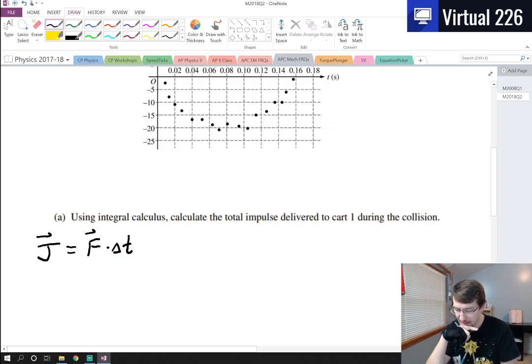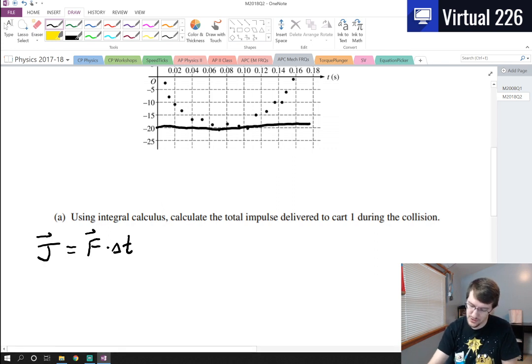Now, force times time works whenever you've got a nice shape, like a square, or a constant force like this. Then we can just say it's this much force and this much time, and that gives us an area. Except we don't have an easy shape here. We've got this quadratic.